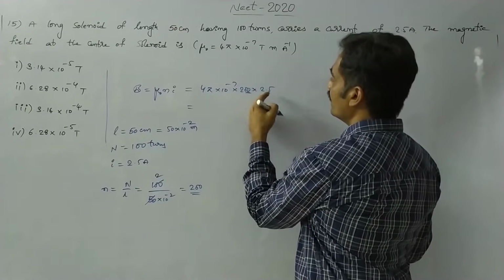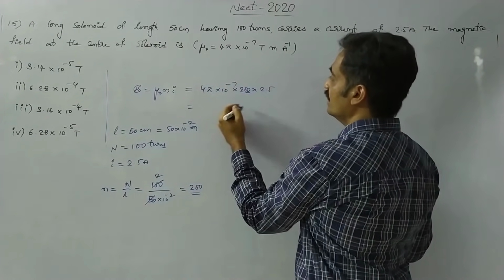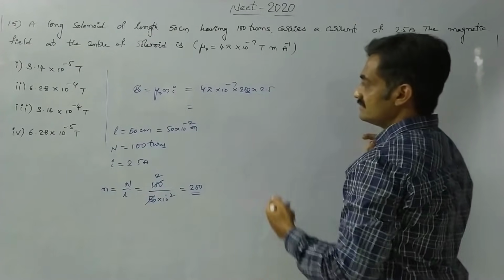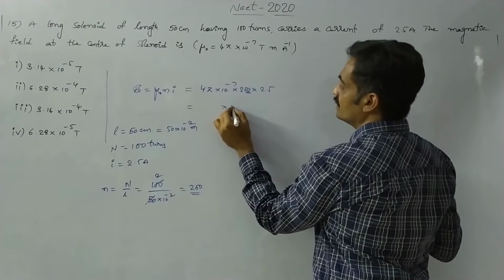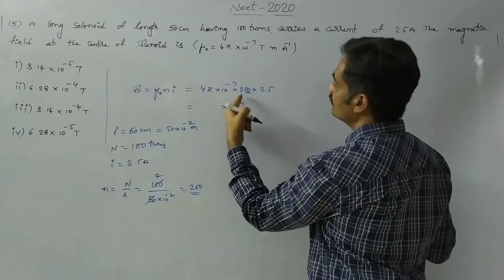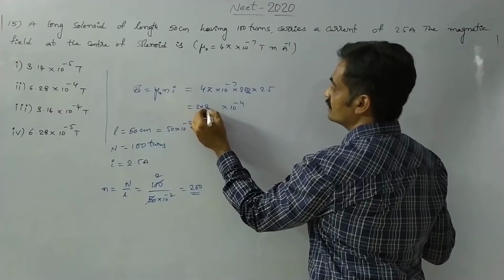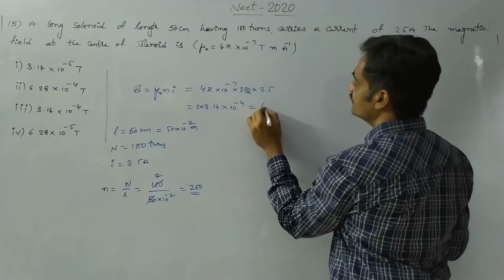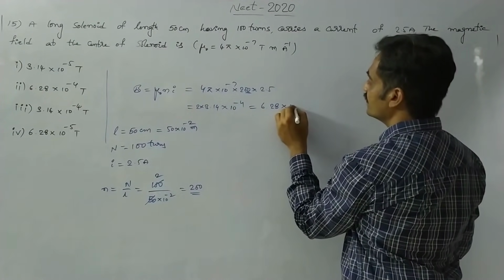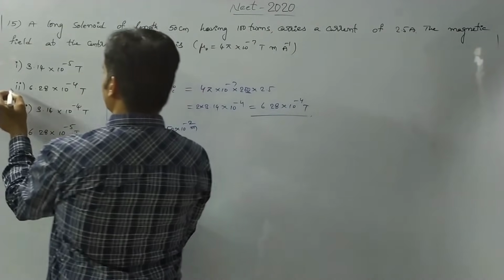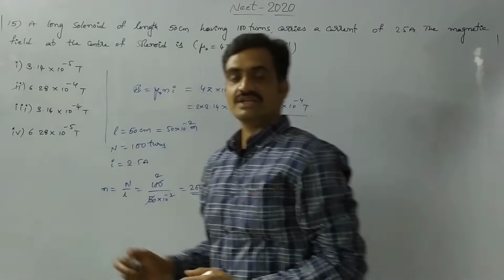Here we have 2 and 10, which is 10^3. 10^3 times 10^-7 is 10^-4, and here we have 2 × 3.14. So we can write it as 6.28 × 10^-4 Tesla. Option is 2. Take a screenshot. We will continue.